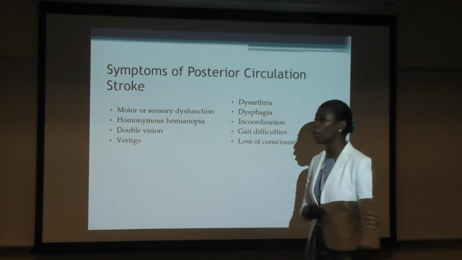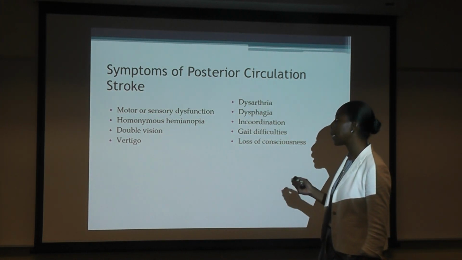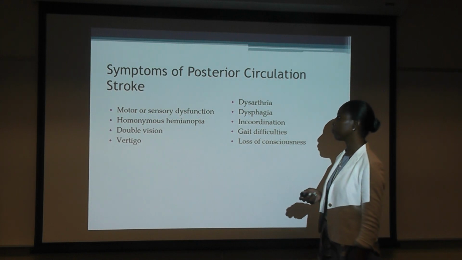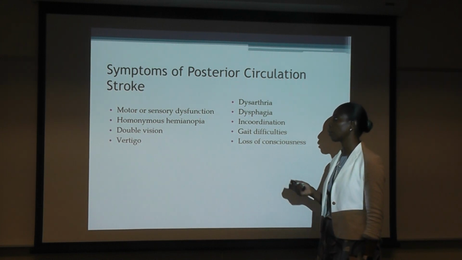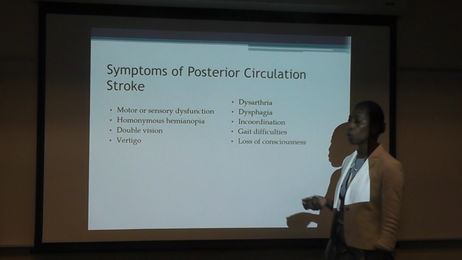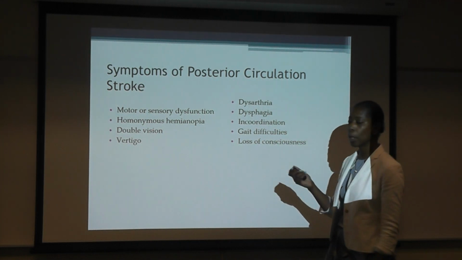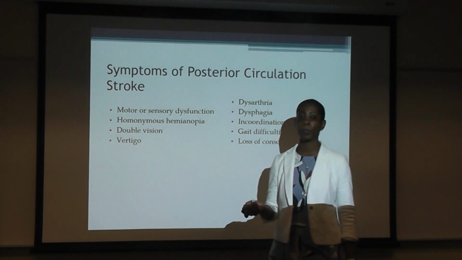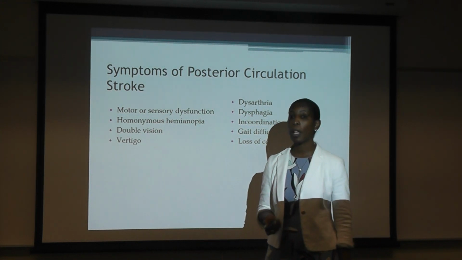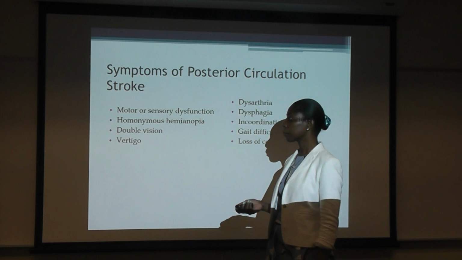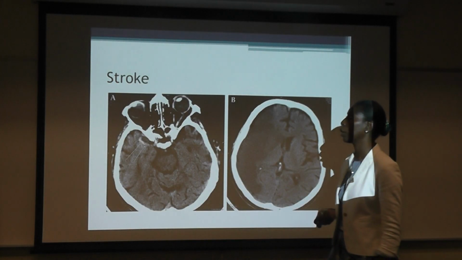Okay, dysarthria, motor weakness, brainstem, again, facial muscle weakness will give you dysarthria. Dysphagia, difficulty swallowing, brainstem, cranial nerve deficit, incoordination because of the cerebellum, gait dysfunction in the cerebellum, loss of consciousness, brainstem injury will give you that.